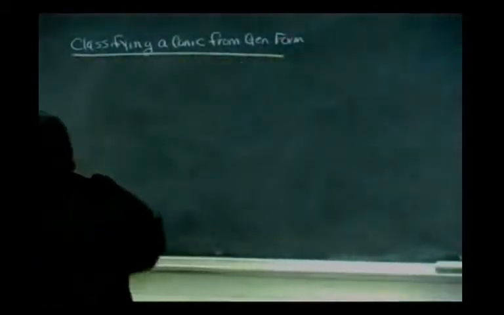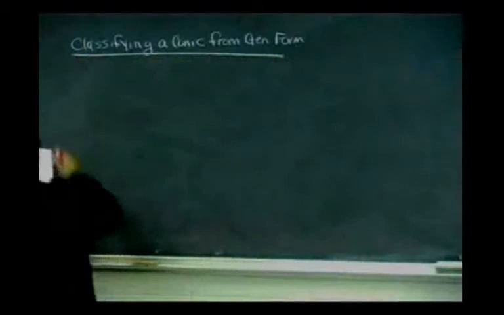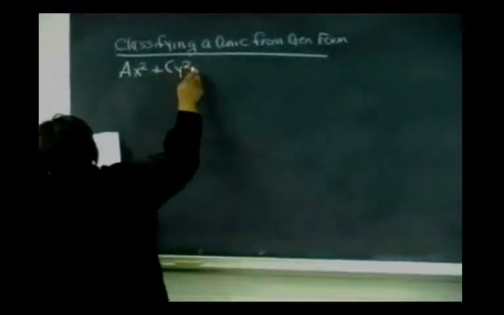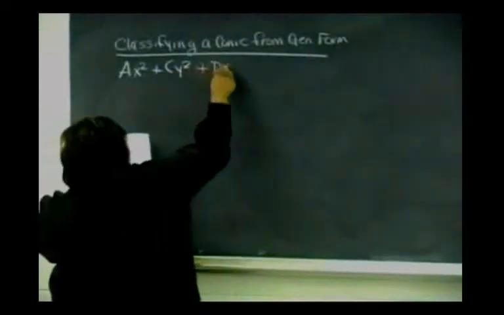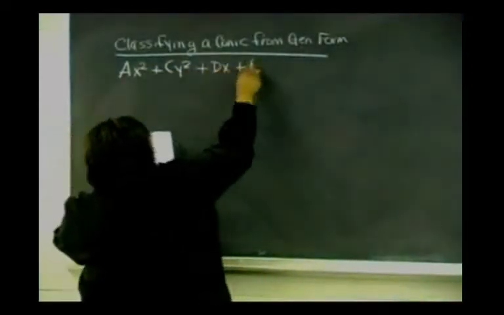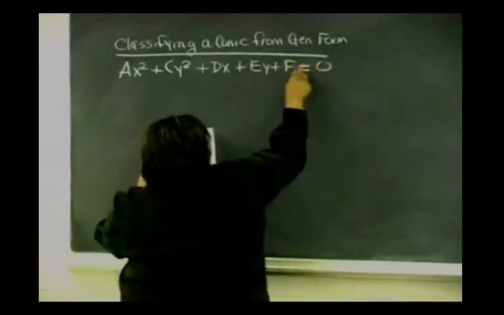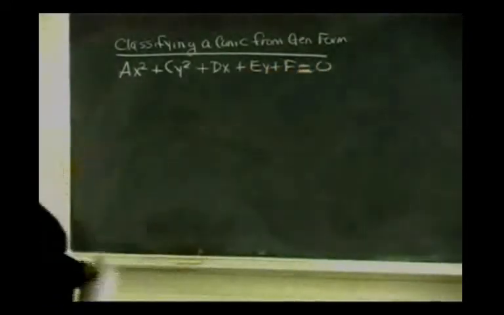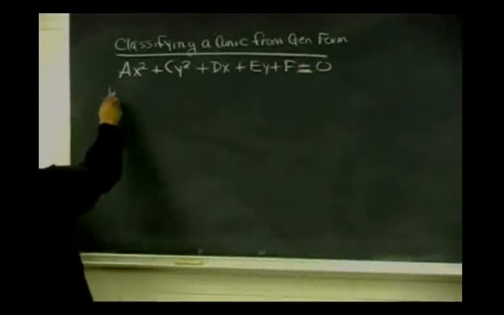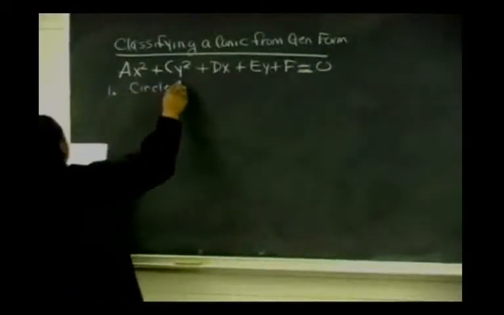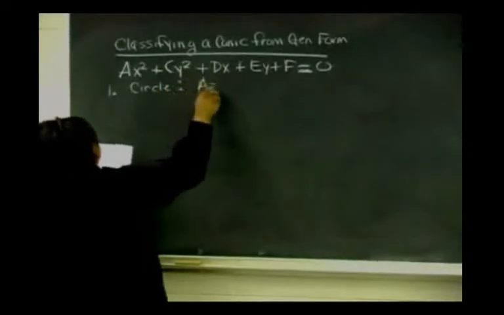So if we have a generic conic, ax squared plus cy squared plus dx plus ey plus f equals 0, it's just a general conic. We have a circle if a equals c.